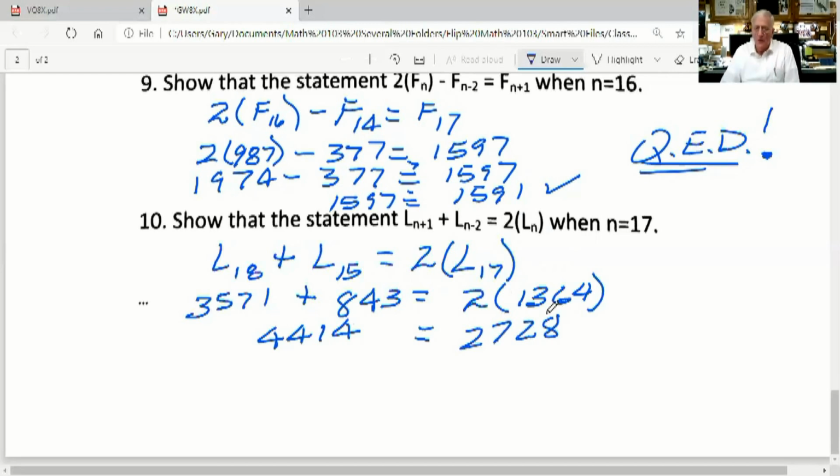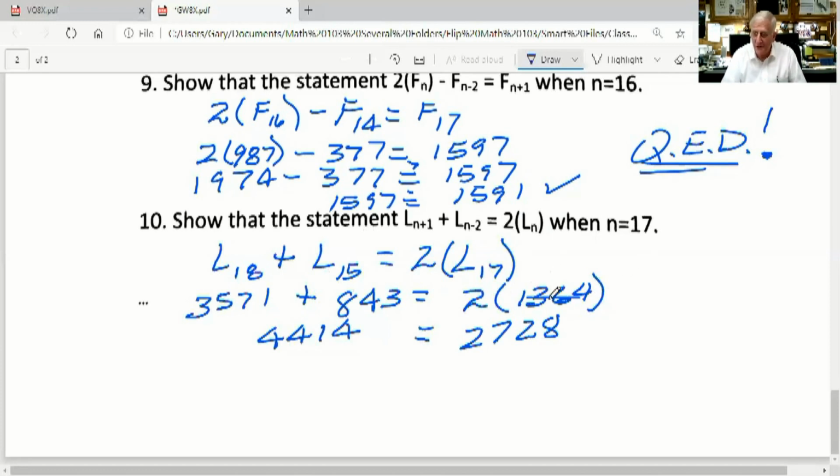What did I do wrong here? It appears I added these two together, right? That's what I was supposed to do. Well, let's see. Lucas 18, I'm checking it out, it's 3571. Lucas 15 is 843. Oh, Lucas 17 isn't 1364, is it?